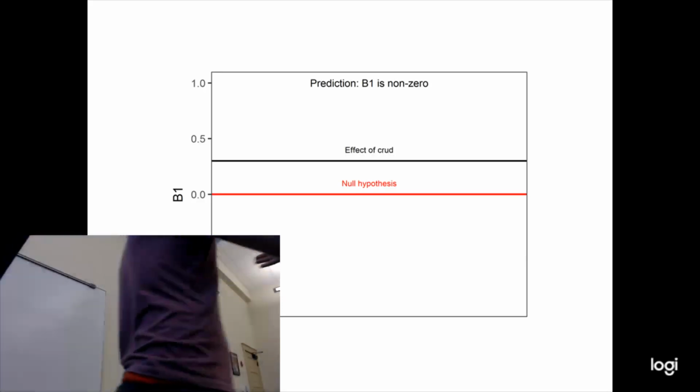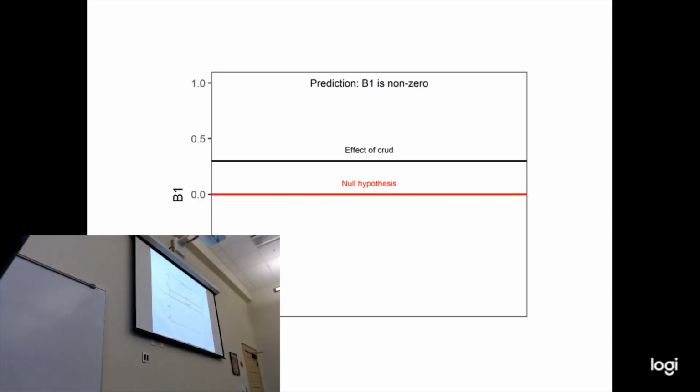But I just talked about how, most of the time, especially in observational studies in the social sciences, most relationships are not going to be exactly zero. I don't know if that's true, but I think it might be a reasonable assumption in many cases.